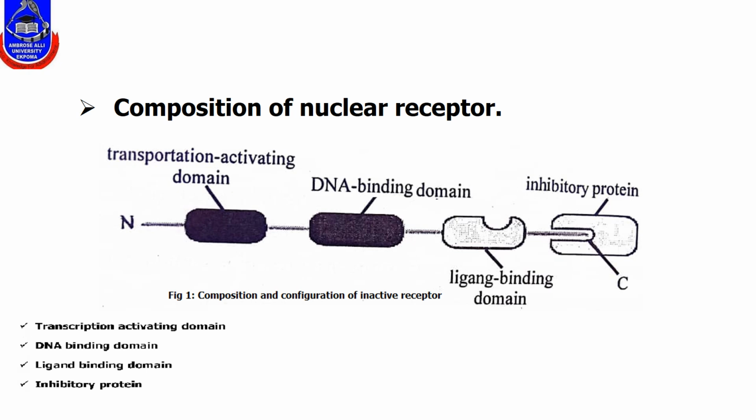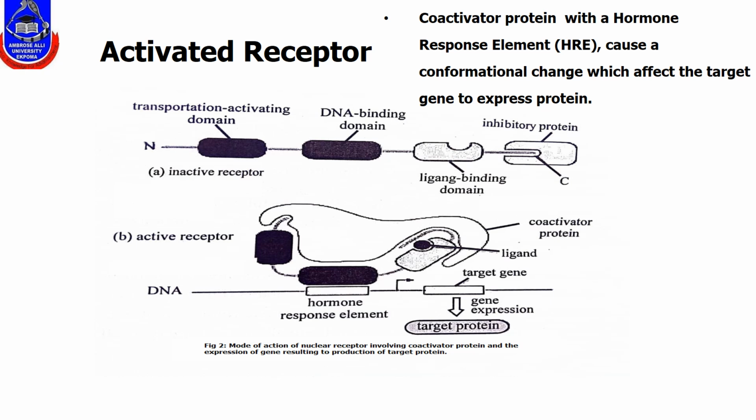The inhibitory protein is always present in the inactive molecule. Now, figure A here represents the inactive receptor, while figure B depicts the active or the activated receptor.